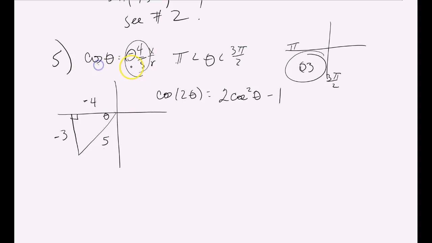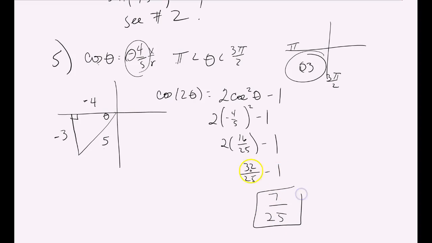Like it was given to me above. So I'm going to do 2 of these squared and then minus 1. So that's a 16/25. And when I do that math, that's a 32/25. And then that's going to be a 7/25 once I put those together.